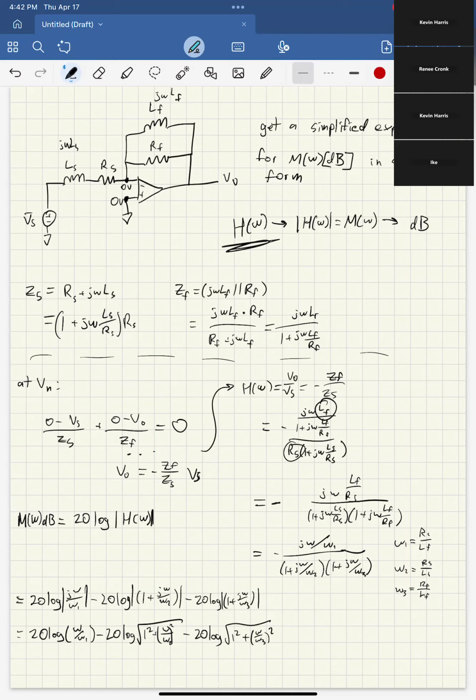Then you can use your log rules: the square root is the power of 0.5, so you can move this to the front. You know this.